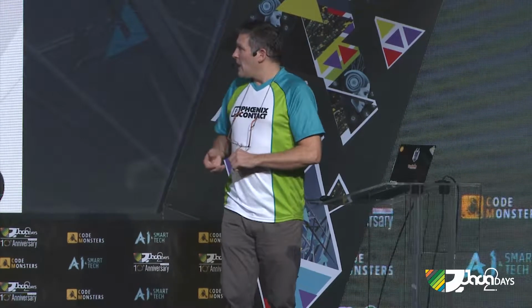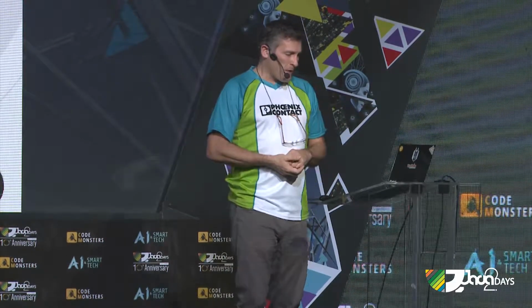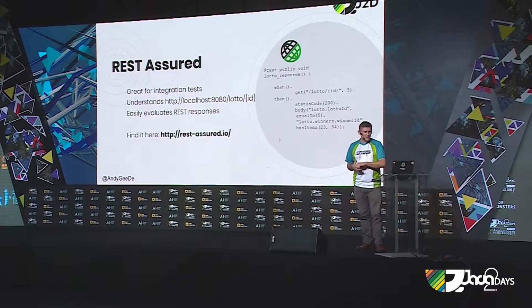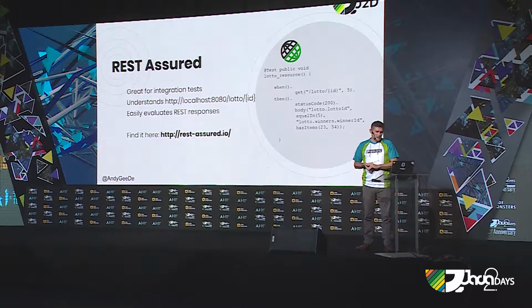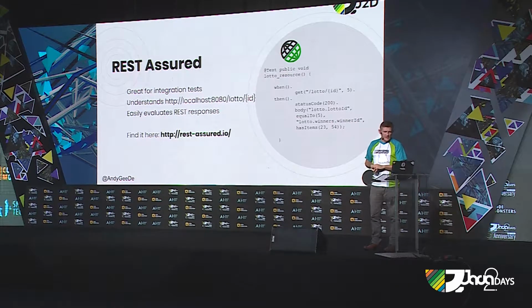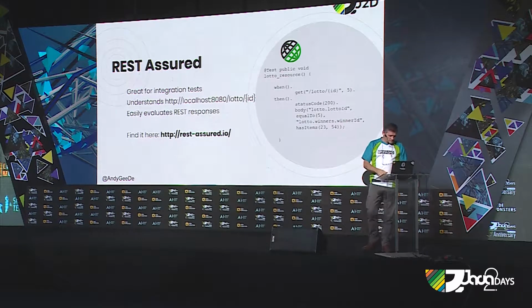So we now have our microservice extracted, and we need to test our RESTful endpoints, and we're looking for something that's going to be helpful in testing our RESTful endpoint. RestAssured is basically a DSL that helps us talk to an endpoint, and literally reading the text, given, when, get, then, it's very easy to understand how to test an endpoint.